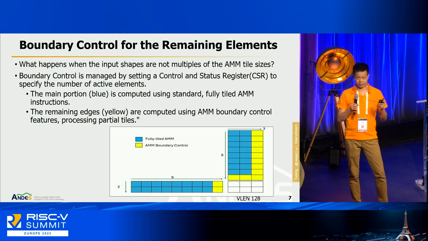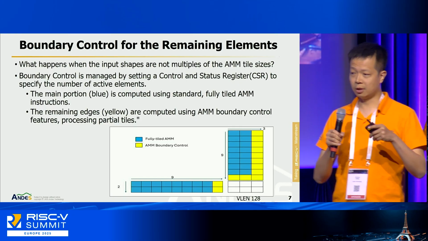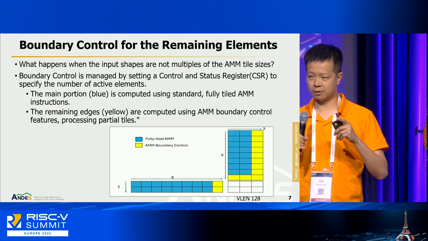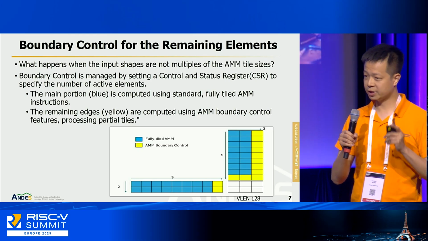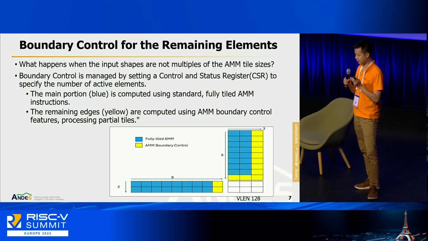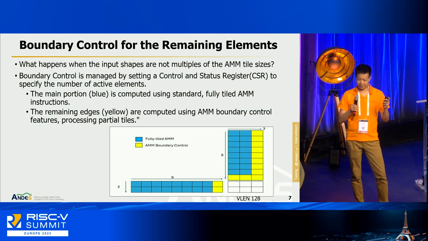So first, we compute the major part of the matrix in blue color using standard AMM. Then, for the edges of the matrix in yellow color, we use AMM with boundary control to load, compute, and store the active elements while ignoring the inactive ones. So no extra software padding is needed.